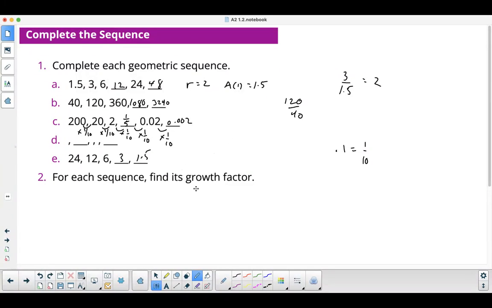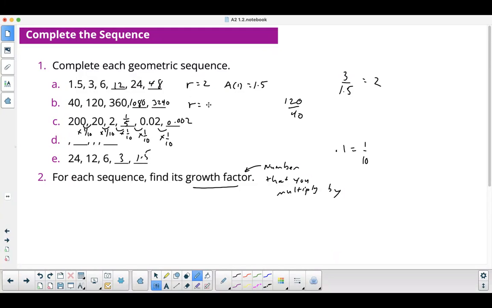Okay, so find its growth factor or growth rate. I was saying growth rate, but growth factor is the same thing. Remember, a factor is a number that you multiply by. So I did it on the first one. The second one was your growth rate.